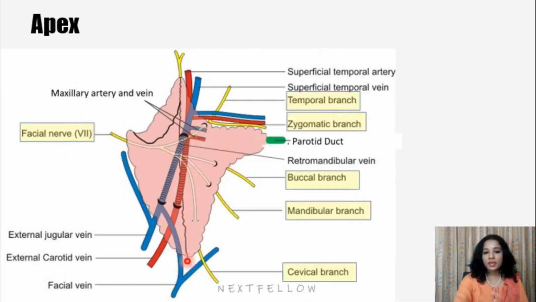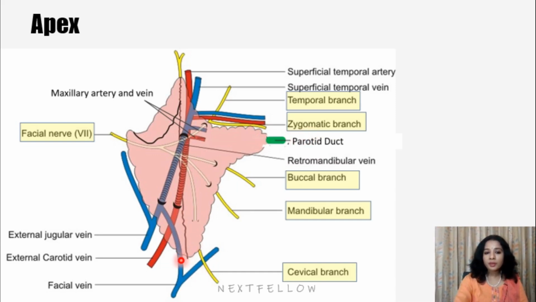Next, here is the apex of the parotid, which is directed downwards, and the base is directed upwards. So here is the base of the parotid gland, and we can see the parotid duct, which is otherwise called Stenson's duct, which starts from the anterior border of the parotid gland.